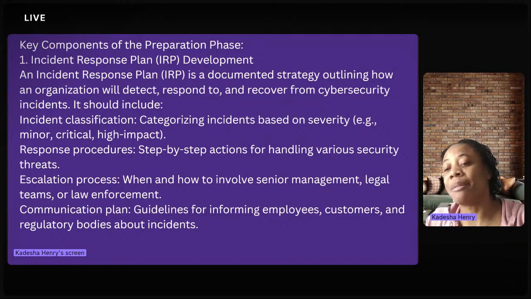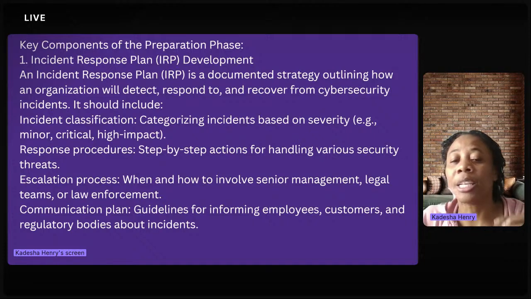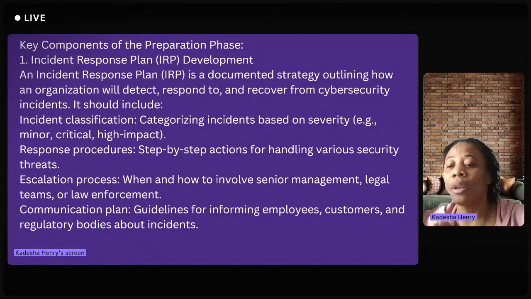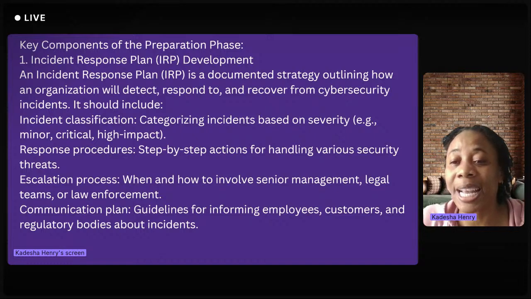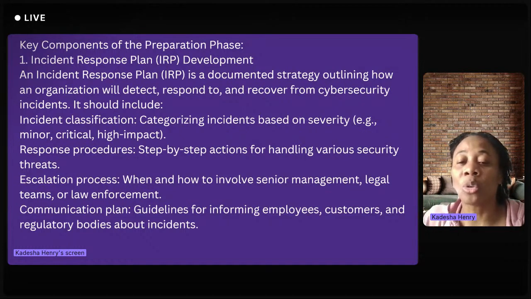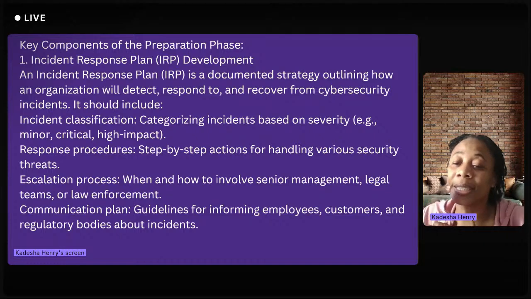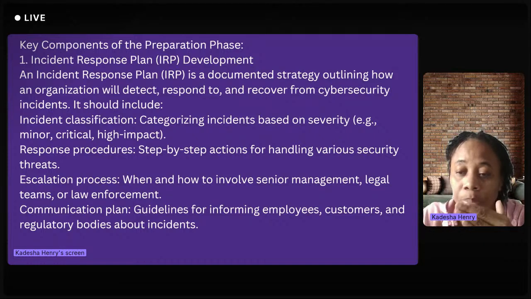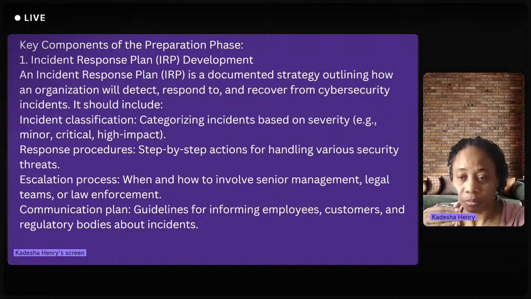Should there be a breach, should there be an incident, this is the person who is charged with the responsibility of communicating this.